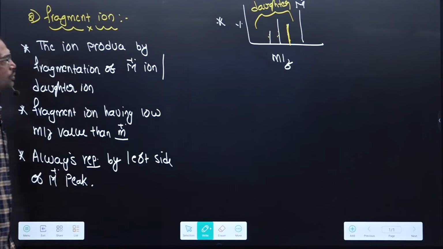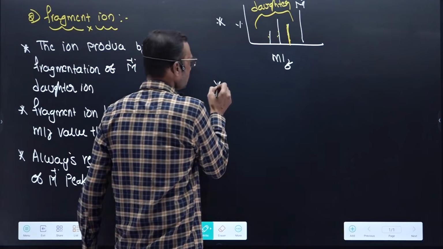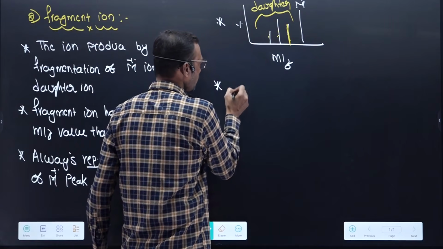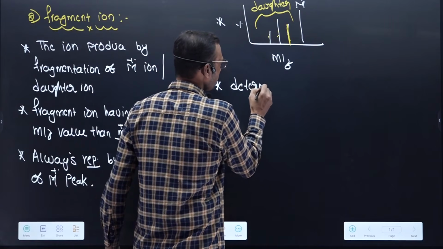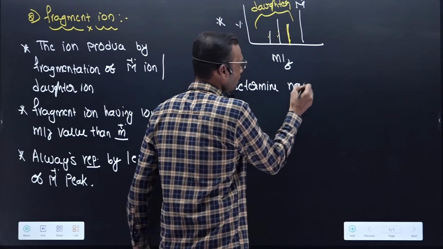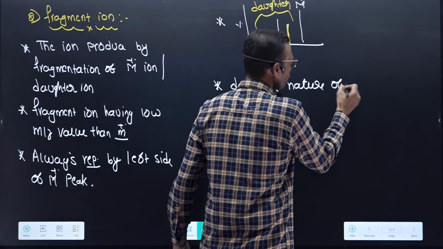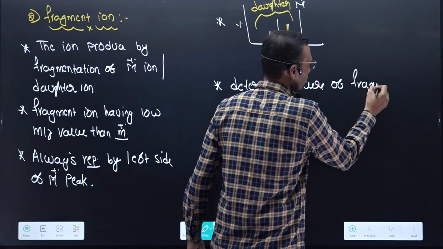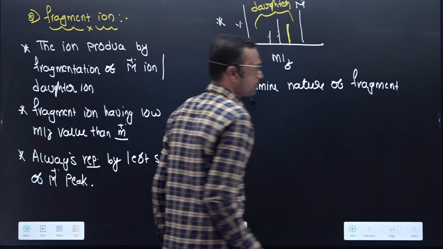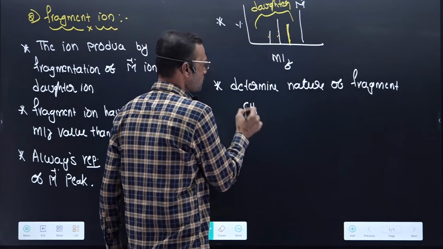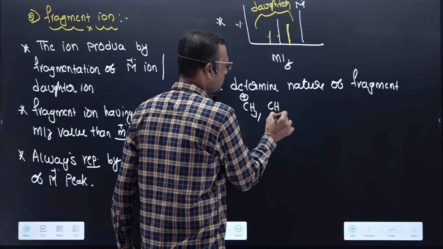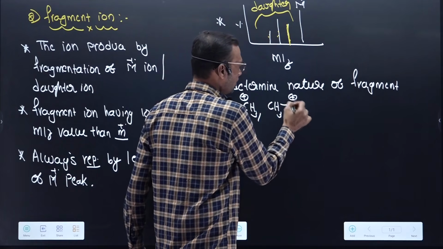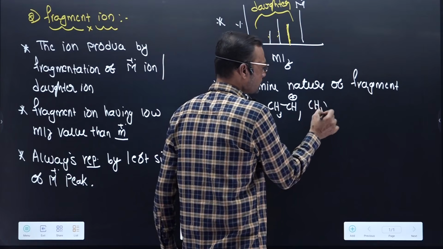Okay, so with the help of the fragment ion, we can determine the nature of the fragment. Means what type of fragment is present, whether it is methyl or ethyl or isopropyl, like that.